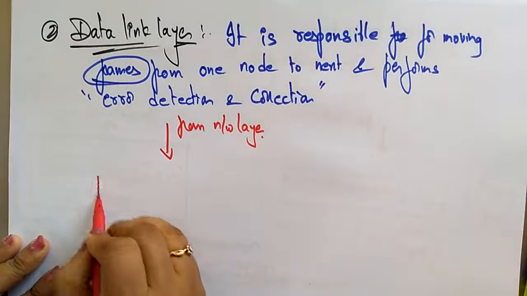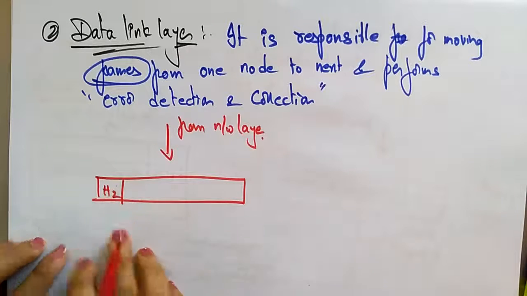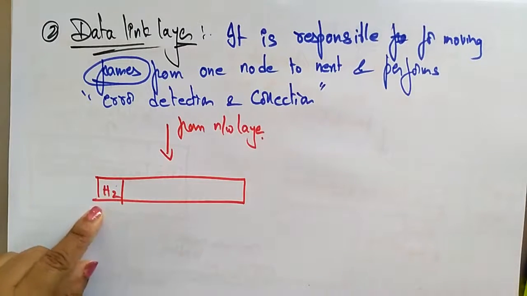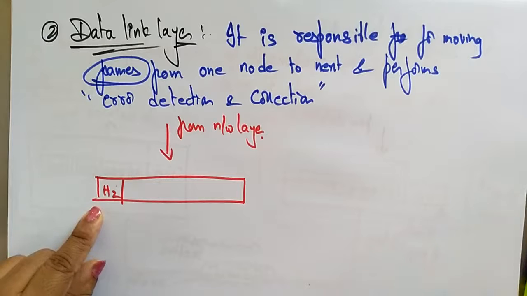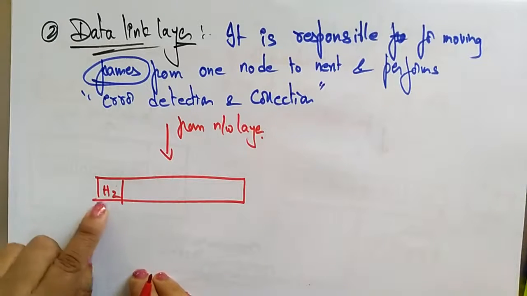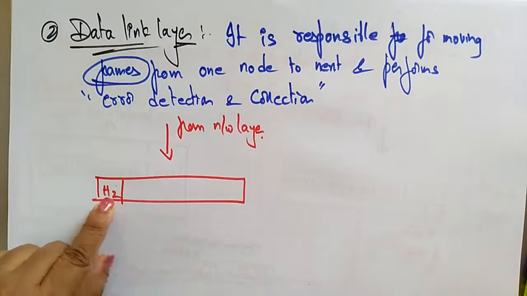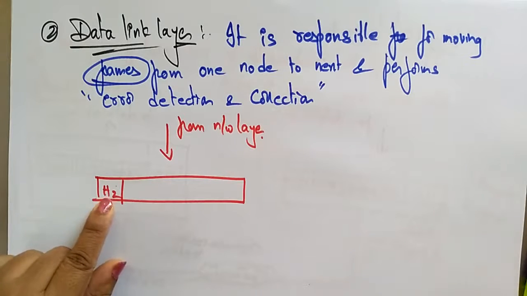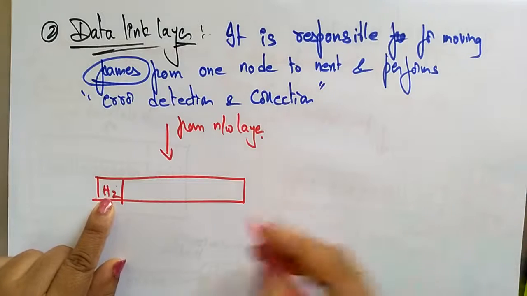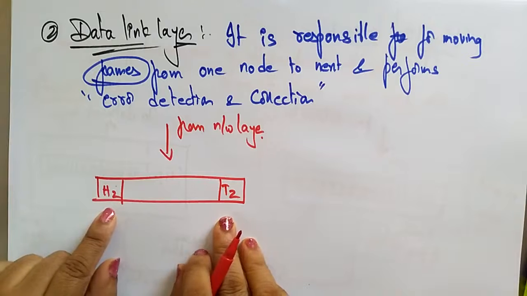So let me take a message. This is a header. Let me call it H2. Why am I calling it H2? Because the data link layer is in the second position. First is the physical layer and the data link layer is the second. So whenever H2 is seen, you should understand that the header is related to the data link layer. And T2 is the trailer.